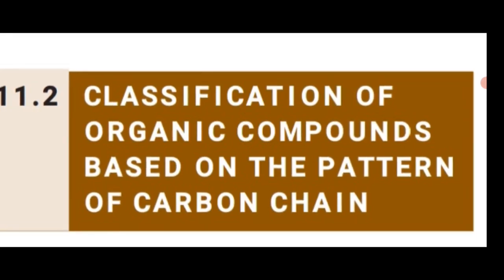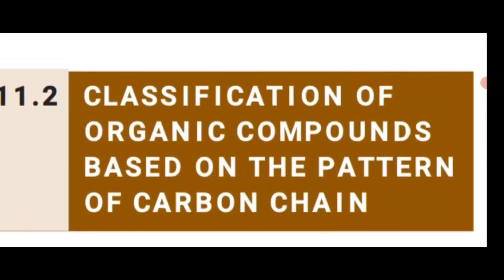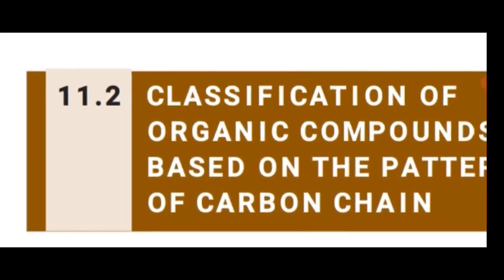In early days, chemists recognized that compounds having similar structural features have identical chemical properties. So they began to classify compounds based on the common structural arrangement found among them. This is the significance of classification.